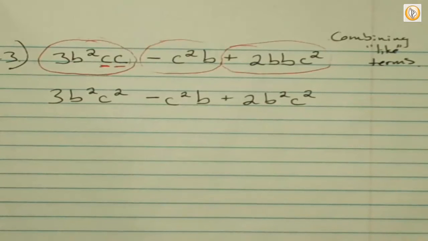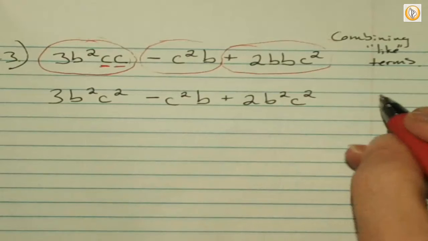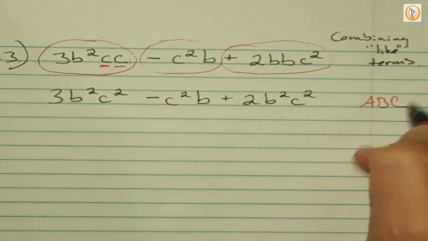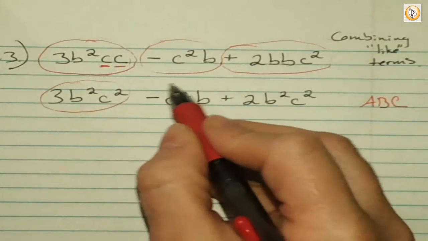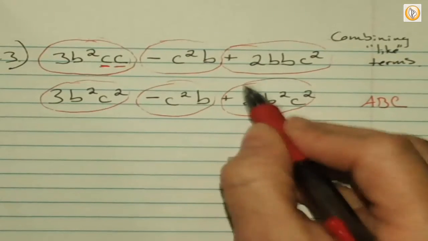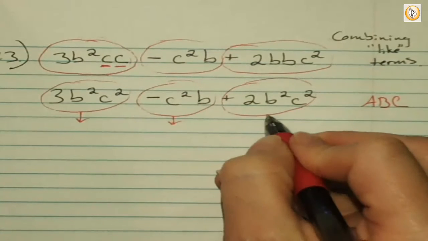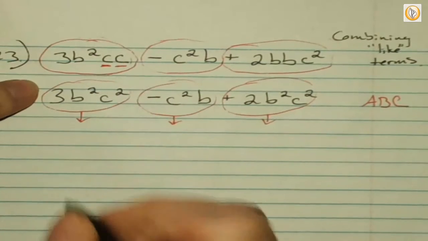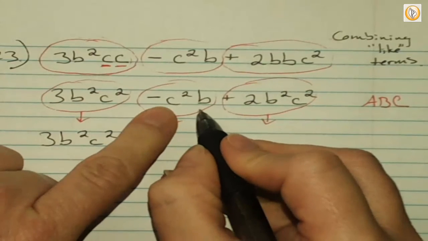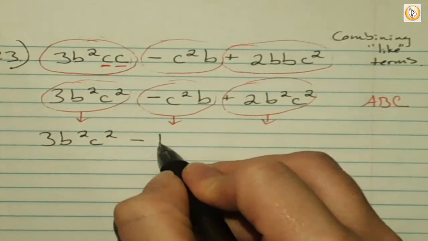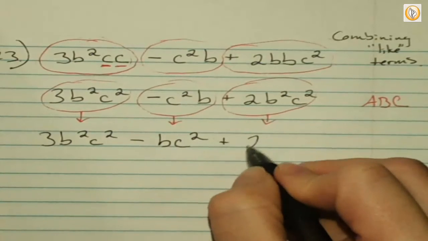So let's look at these 3 groups. First of all, are all these letters in ABC order? Not the middle one. Correct. So we're going to rewrite each term in ABC order. This one's okay. This one, the b needs to go first. And this one's okay.